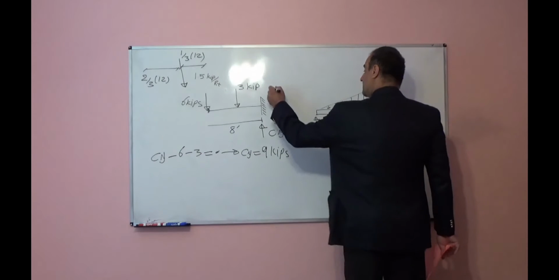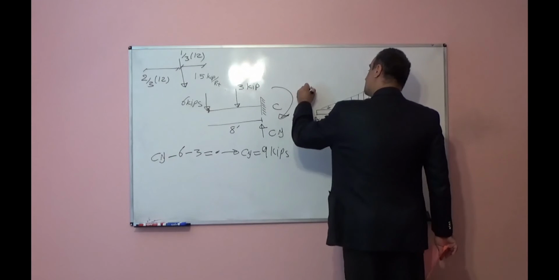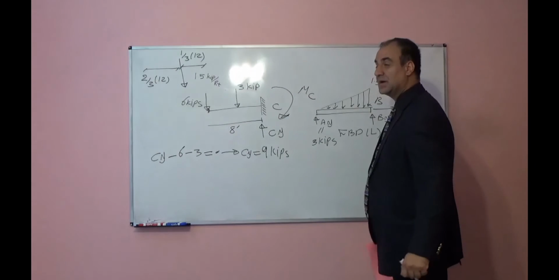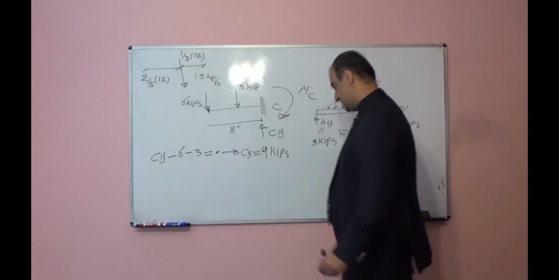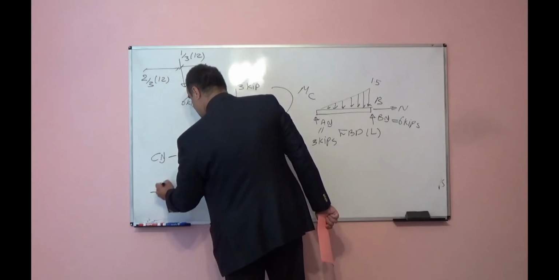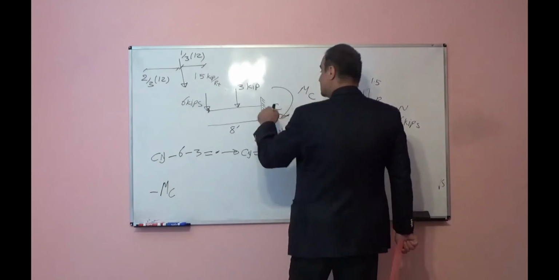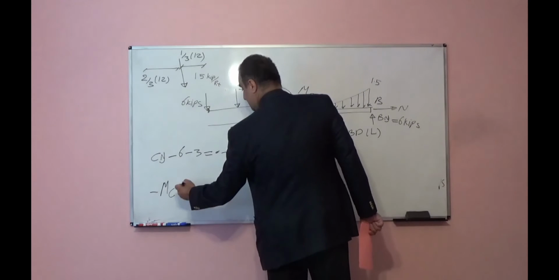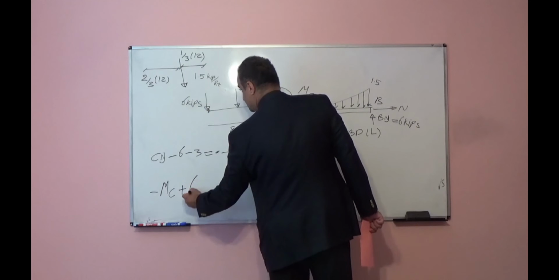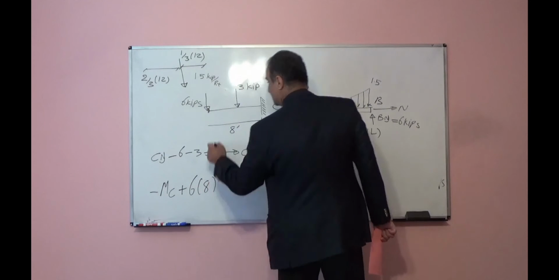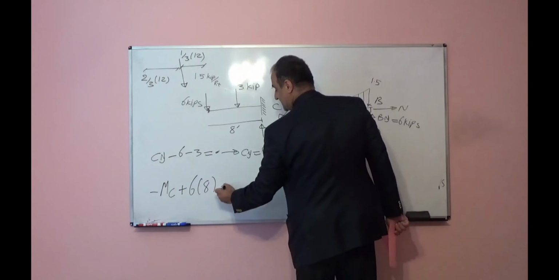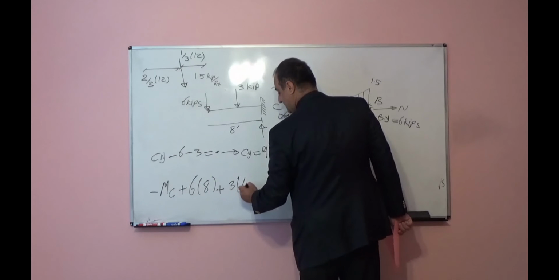If I want to find the moment reaction at point C, I can take moment respect to point C. That will be negative MC because it is clockwise. Positive 6 times 8 plus 3 times 4.